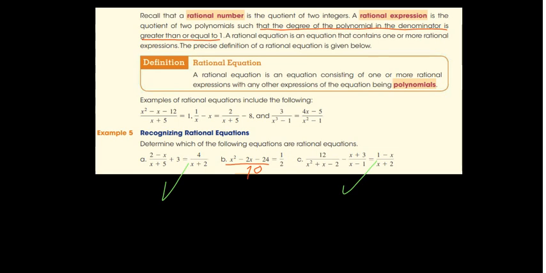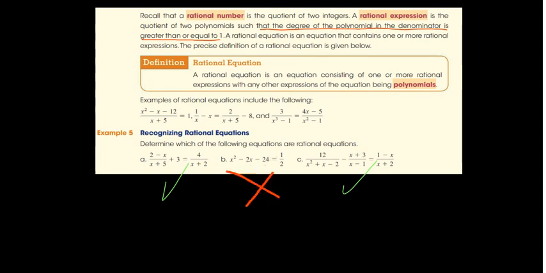Well, it doesn't satisfy the has to be greater than or equal to 1, because it's 0. The degree of the denominator is 0. So that's why B is not a rational equation.